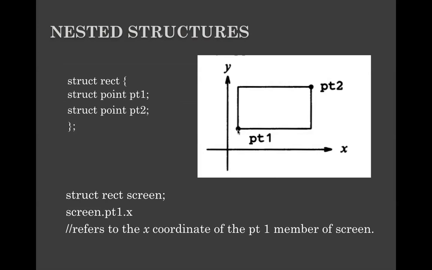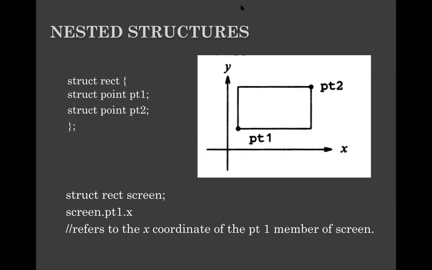Screen dot PT1 dot X, screen dot PT1 dot Y. Similarly for this, screen dot PT2 dot X and screen dot PT2 dot Y. So I can nest one structure within another structure.